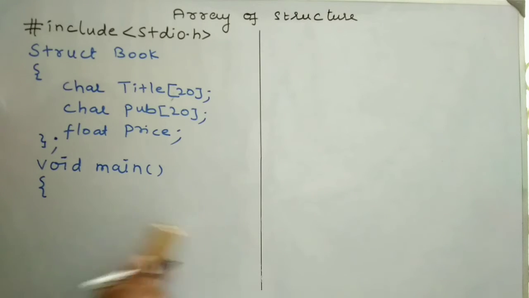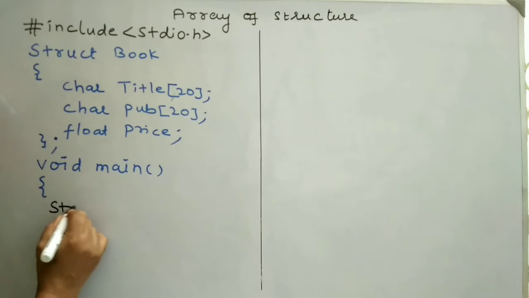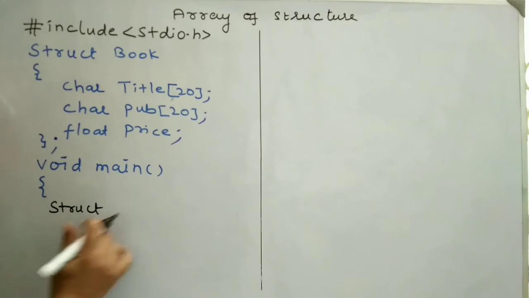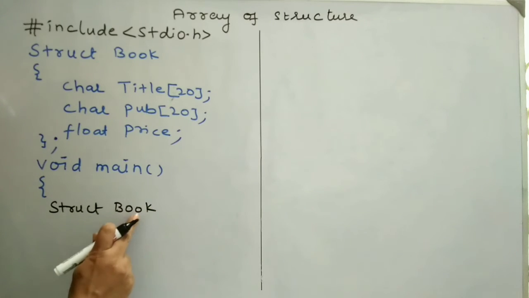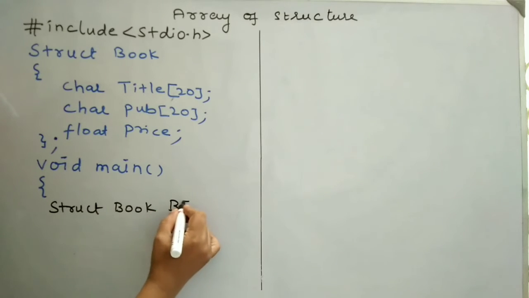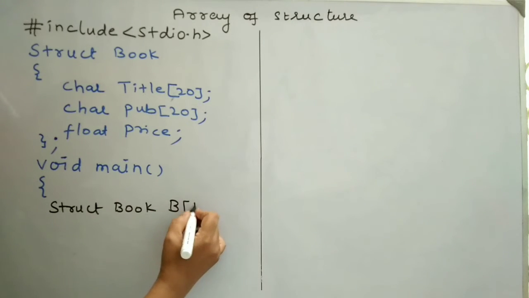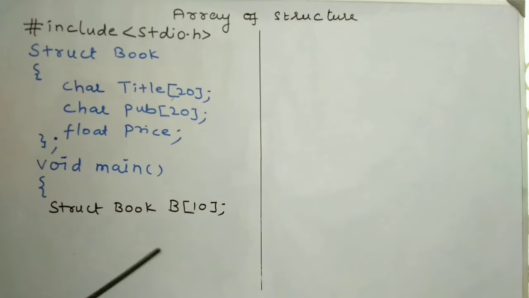How to define an array of structures? It starts with the keyword struct, followed by the name of the structure. I am going to create a structure variable for this data type book, and the structure variable is B. B is an array of structures. At the maximum, I may include details of 10 different books.